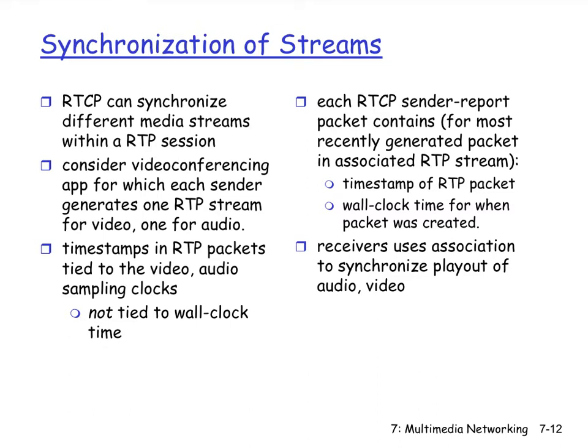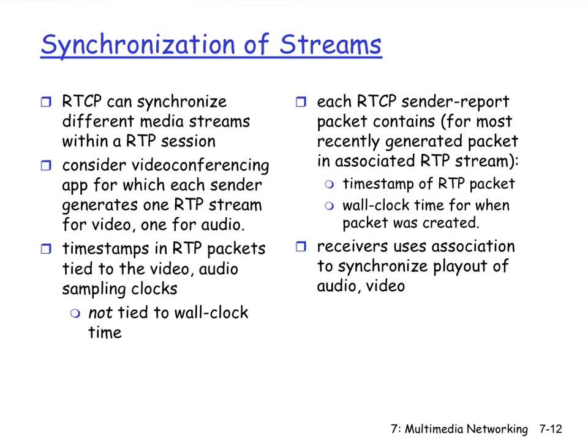So we start at 0, then we count a clock, and then the next packet will be after like 100 clock cycles, and then 200 clock cycles, and so on. Whenever we have multiple clocks, we need some kind of reference clock that is used to synchronize these streams together.